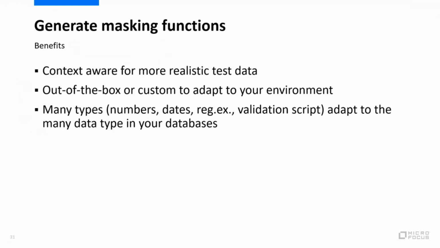They are out-of-the-box functions, but you can customize them or generate your own masking functions that will be used by the masking engine. It concerns any type of data. It can be numbers, dates, regular expressions. We can also put validation scripts, and it will adapt to any data in any type of database.